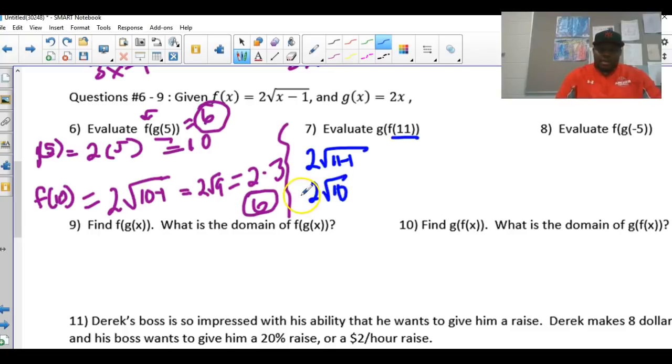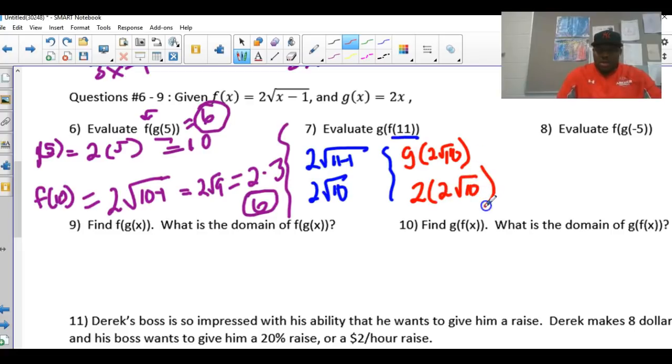This doesn't simplify. Now I'm going to plug that into g: 2 times 2 square root of 10, and you end up with 4 square root of 10. Final answer.